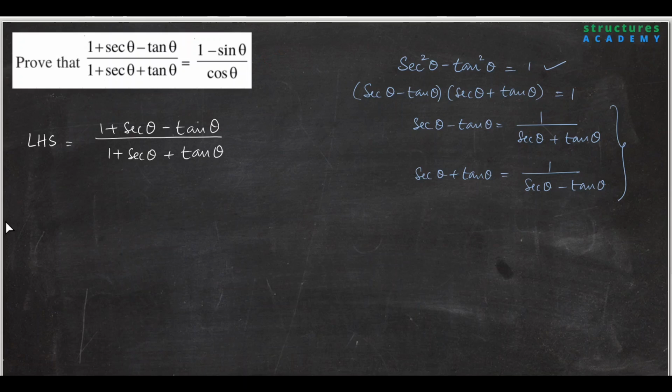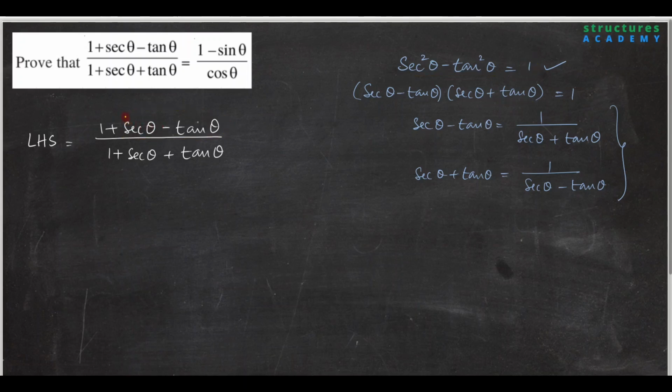So what we need to target is the sec minus tan part of the numerator, and try to convert it into this product so that we can get 1. And how would we do that? We need to multiply this part of the numerator with sec θ + tan θ, its conjugate. And therefore we'll get sec² minus tan², and we can call that 1.